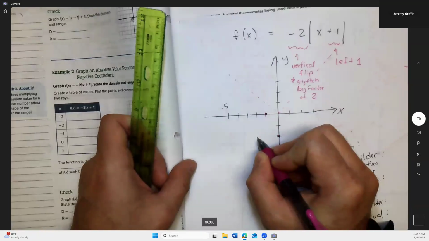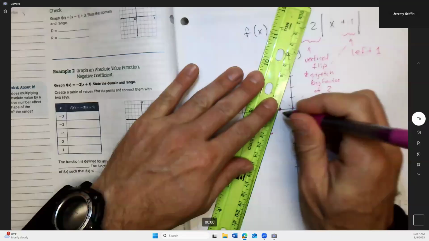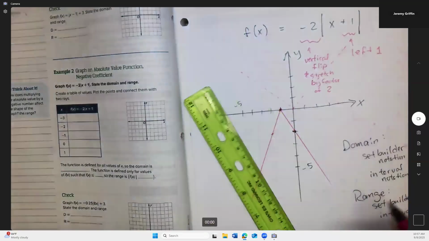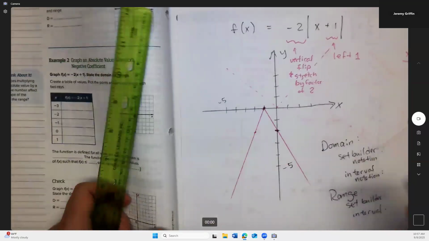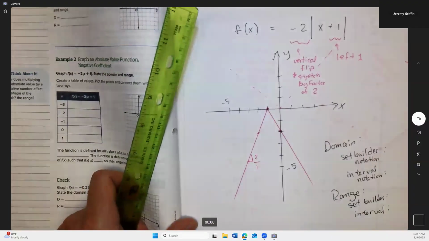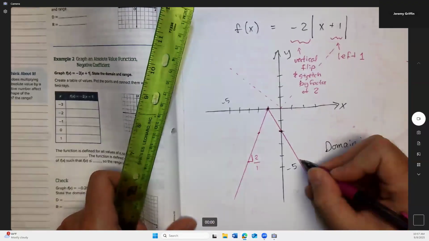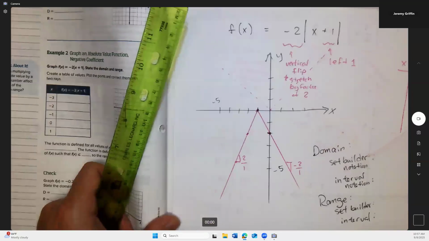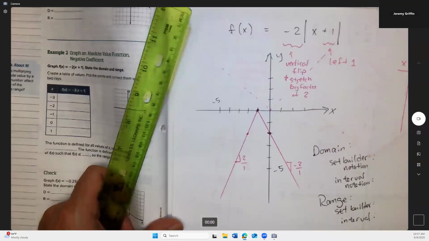And then on the other side, you guys see how this v is twice as steep as the original v? Of course, also upside down. This should have a slope of 2/1, and this has a slope of -2/1. Now I got that out of transformations, which again is tomorrow's main lesson.